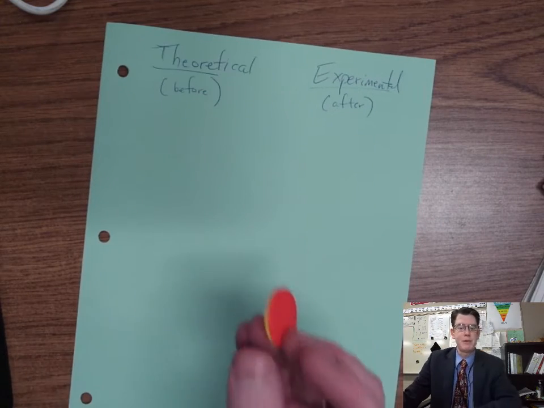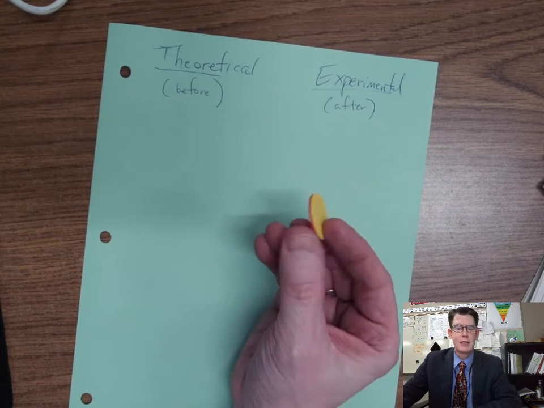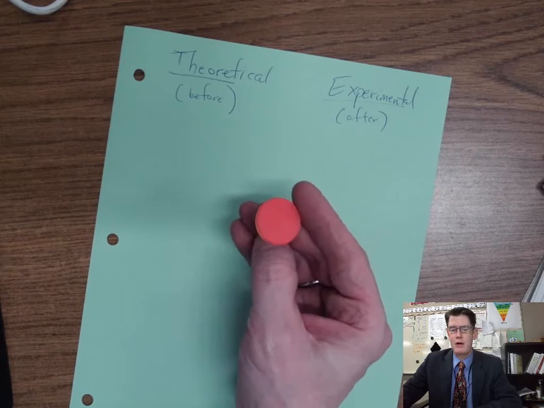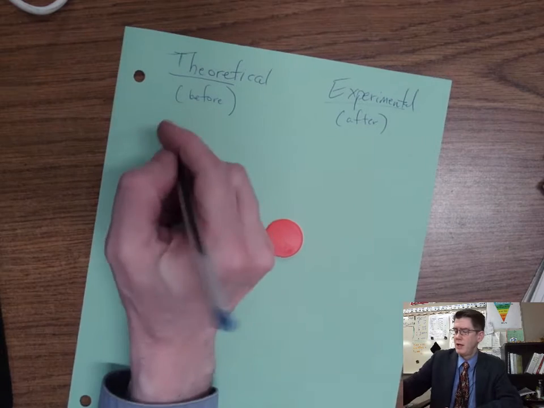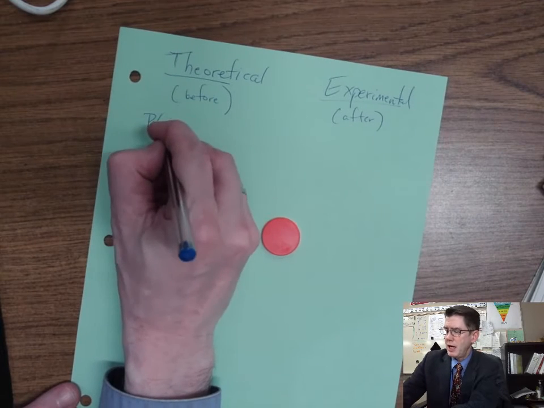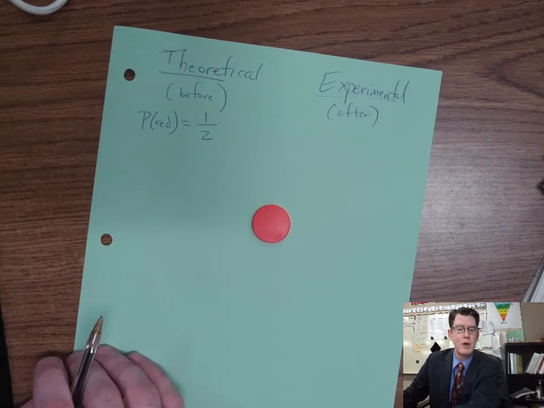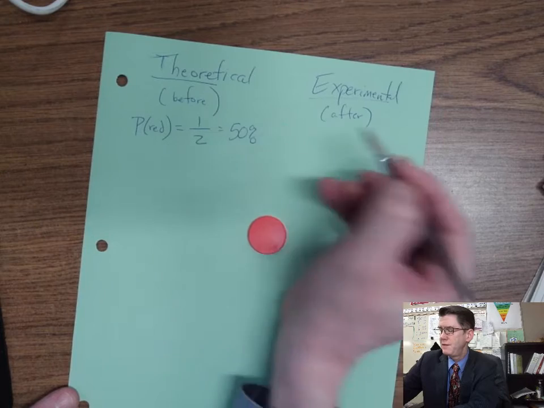For example, this counter chip has a yellow and a red side. What's the probability that when I flip it, it's going to land on red? Well, theoretically, there's two options, and one of them is red. So the theoretical probability is 1/2 or 50%.